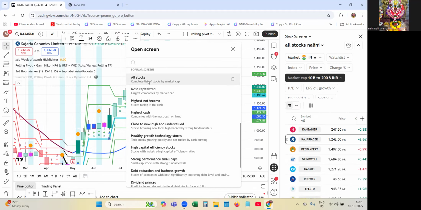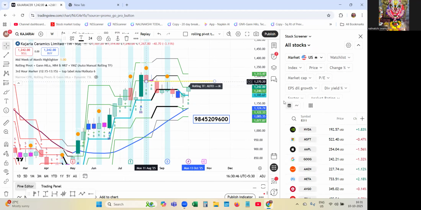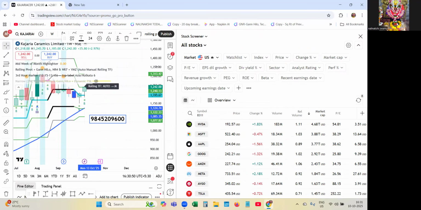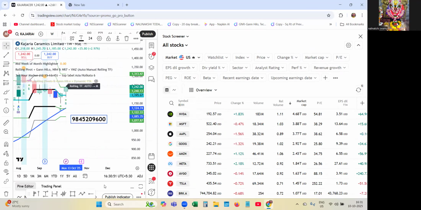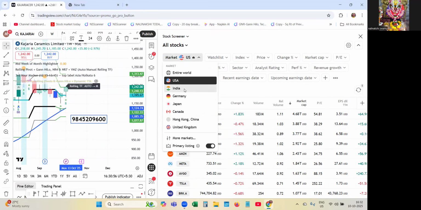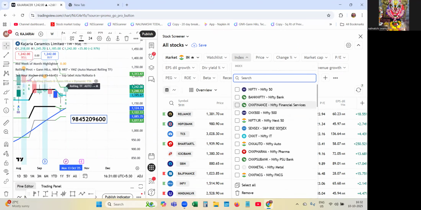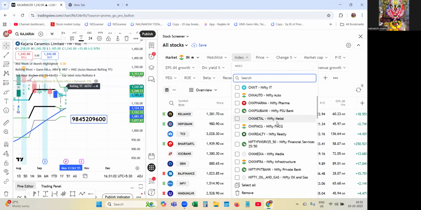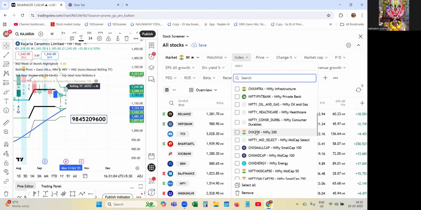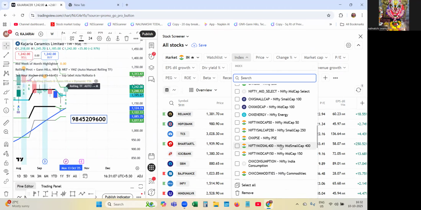If you click on this, all stocks of market capitalization will come over here. What you need to do, this is US stock, then you change it to India, and then you select the Nifty 500. So that we will get a lot of stocks actually.